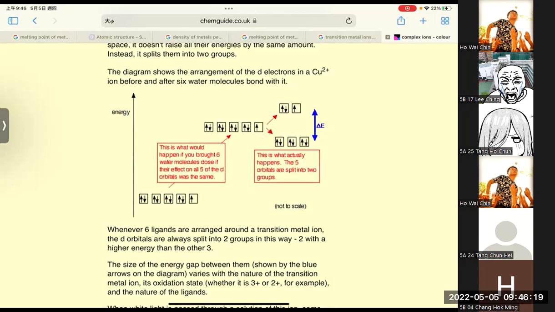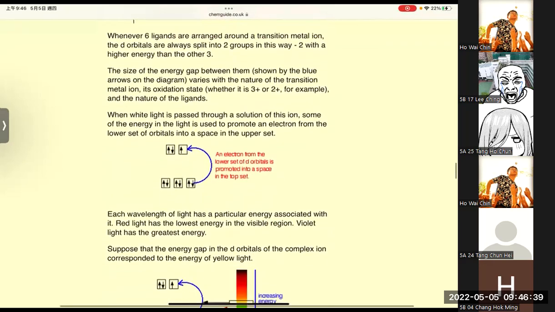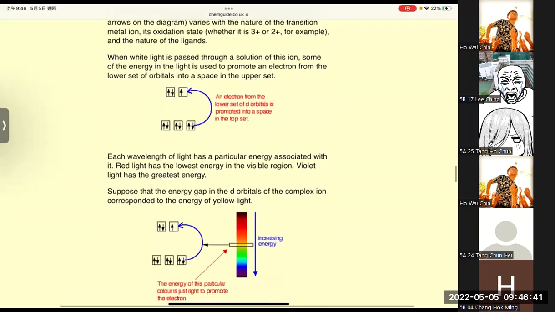Can you get the point? So scandium ions in solution are colorless. How about zinc? Because all those 10 electrons are already filled, the electrons will not be excited. Even if excited, they will have nowhere to go because all those d orbitals are filled.